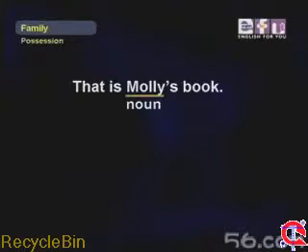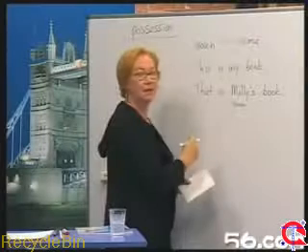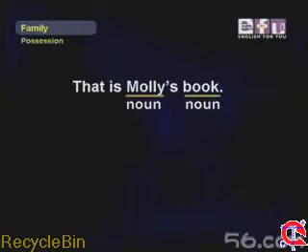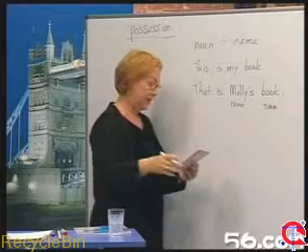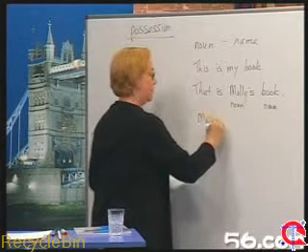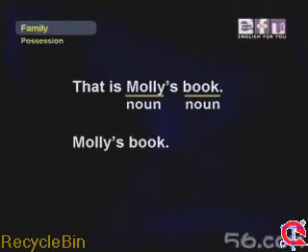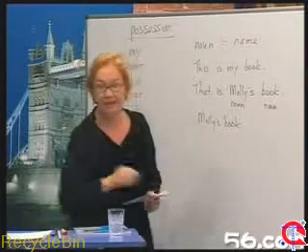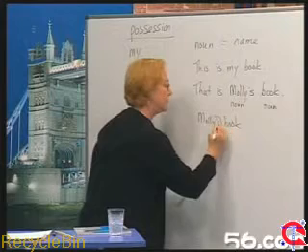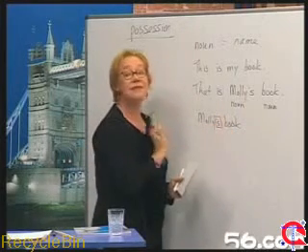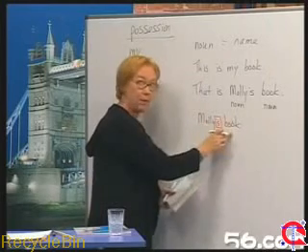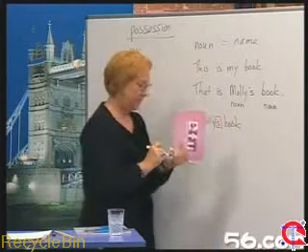Molly is a noun. Book is a noun. So you can say Molly's book. Notice that the S here is for possession, not is. Possession. Molly's book. All right?